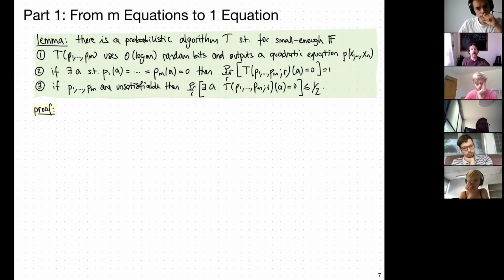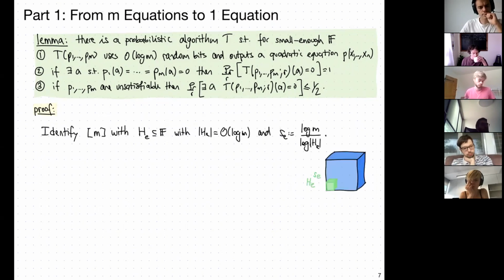Okay, so let's see what we're actually going to do. We'll start by taking m, the number of linear equations, and we'll identify it with some hypercube. We have this subscript e just because we'll have another hypercube later, so there is nothing fancy.